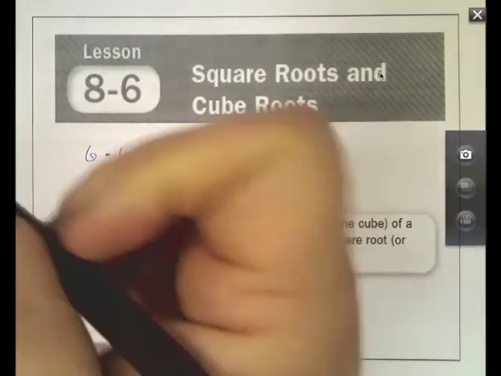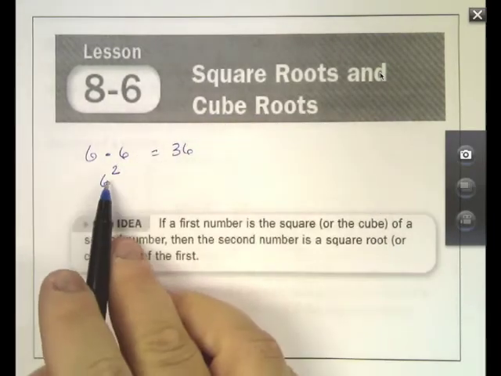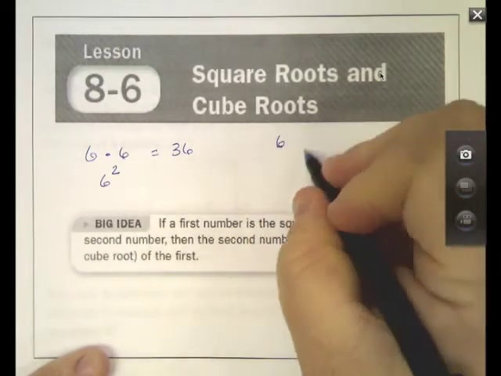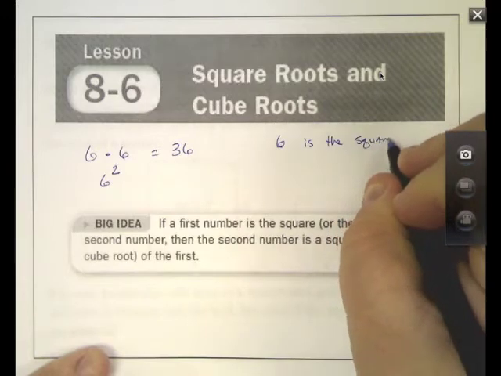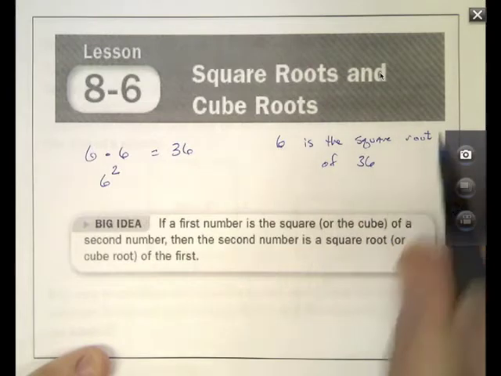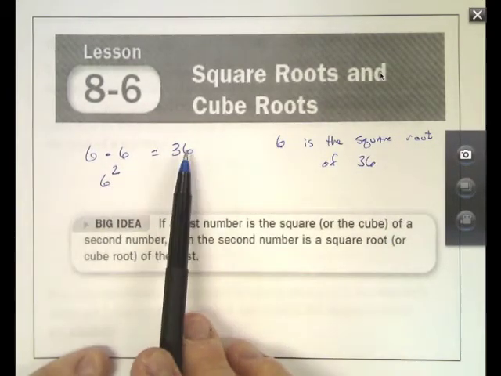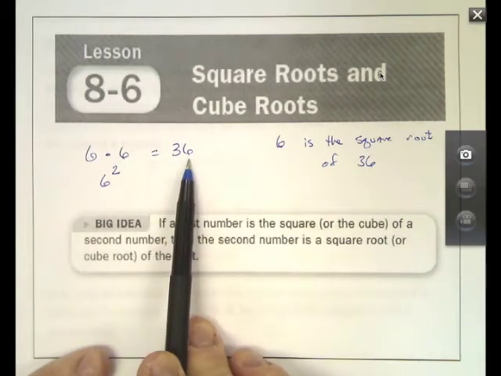Therefore, 6 times 6 is also 6 squared. Okay? So we know that 6 is the square root of 36. Why? It's because it took multiplying the same number by itself 2 times to give me 36.